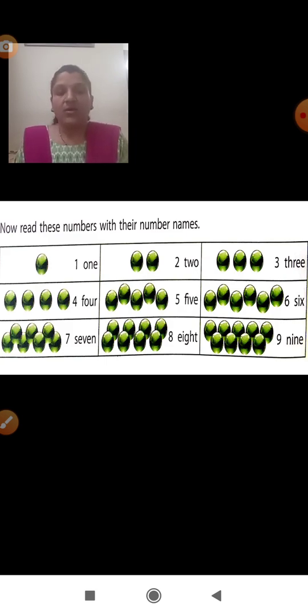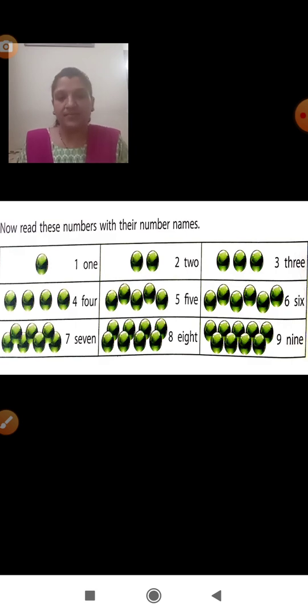Next, count the balls. 1, 2, 3, 4, 5. 5 balls. FIVE, 5. Next, 1, 2, 3, 4, 5, 6. 6 balls. SIX, 6. Next, 1, 2, 3, 4, 5, 6, 7. 7 balls.